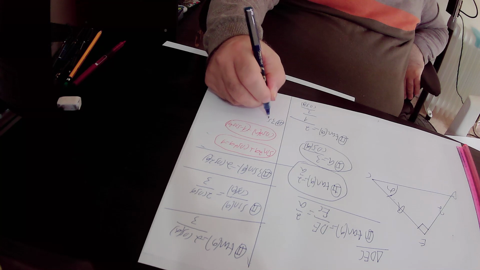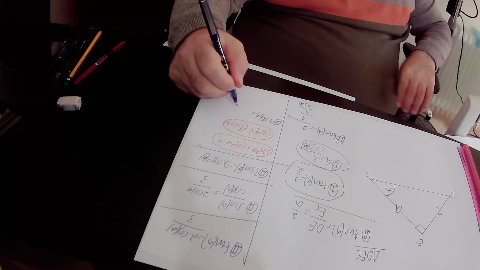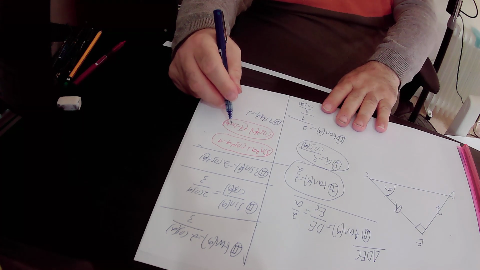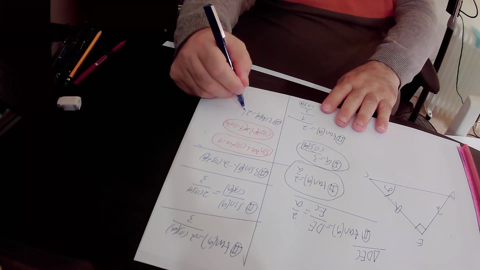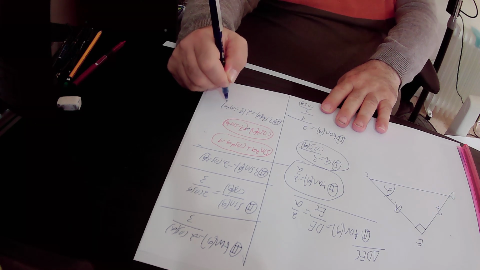So we do it now, and we get that 3 sine alpha equals 2 times cosine square alpha, and cosine square alpha according to this trigonometric identity equals 1 minus sine square alpha.